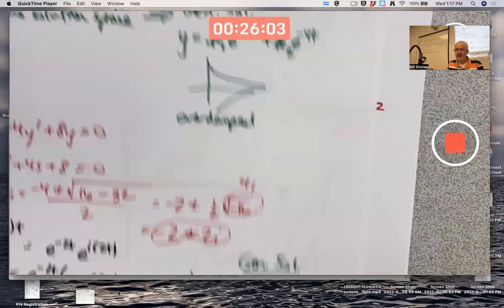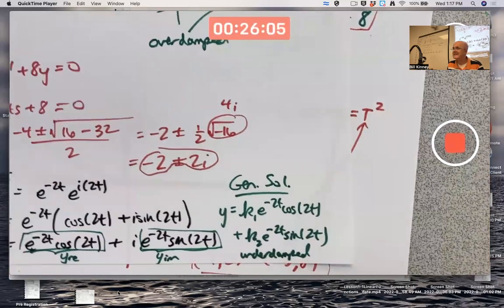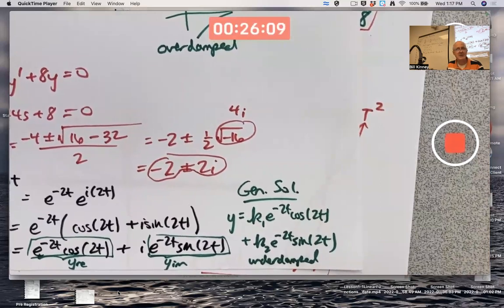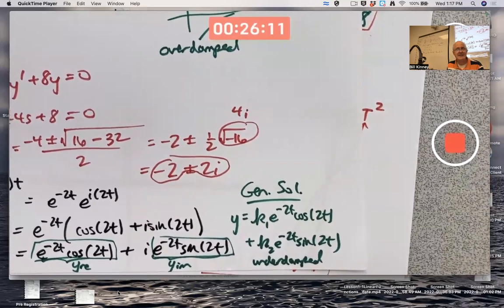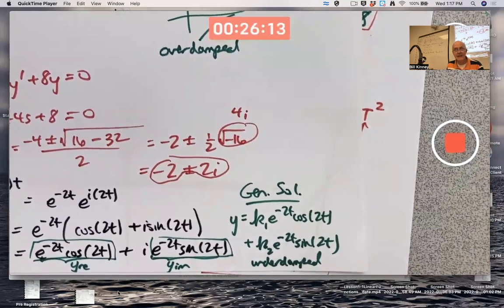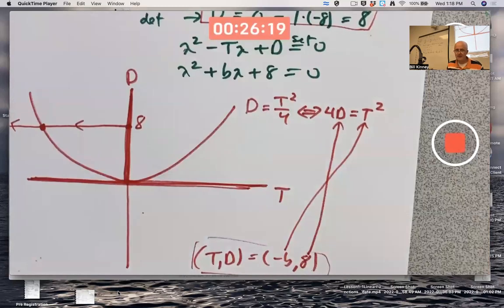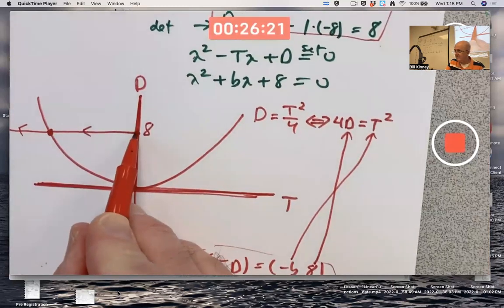No exponential decay in the general solution, you'd only have cosines and sines. The eigenvalues are purely imaginary numbers in that case. That's called undamped, un as in no damping. You'd be right here if that were the case.